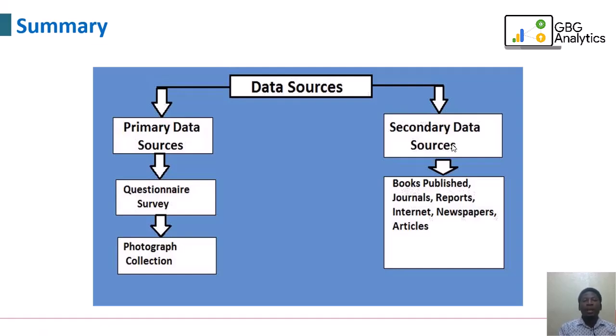And we can get primary data through census, through questionnaire or interview, while we have so many sources for secondary data. For example, through books, through the internet or on newspapers.